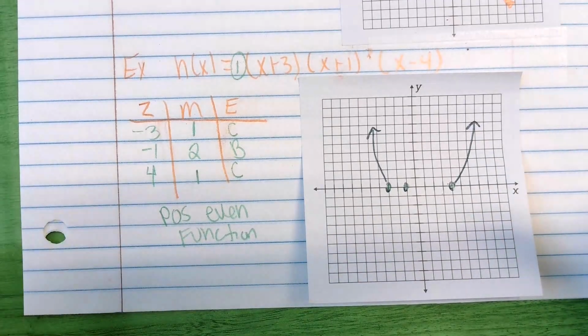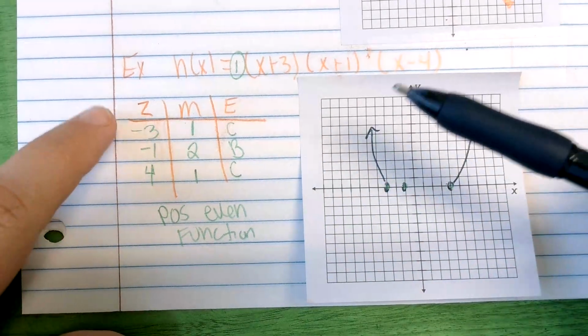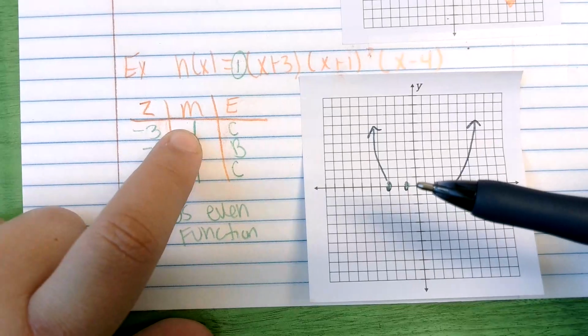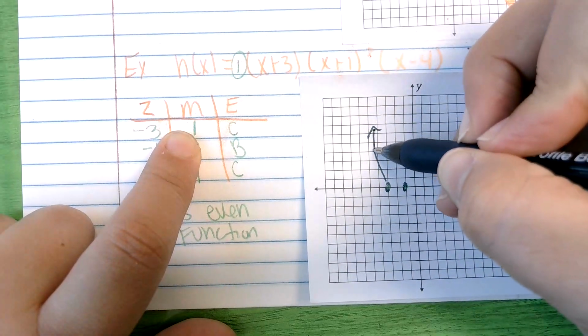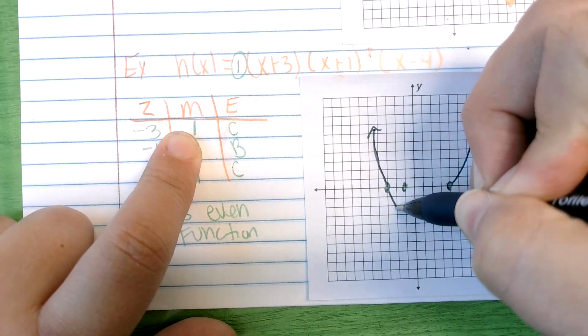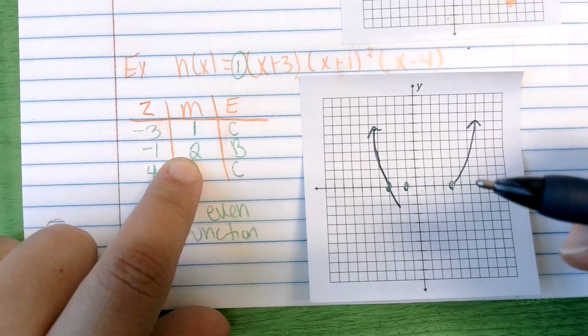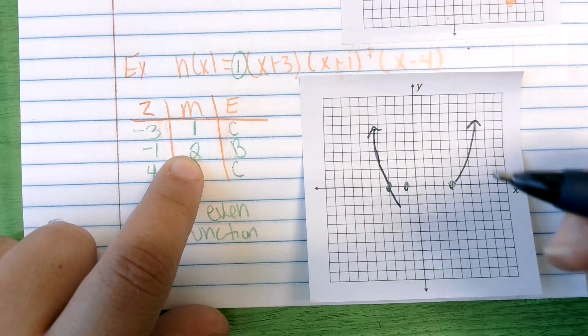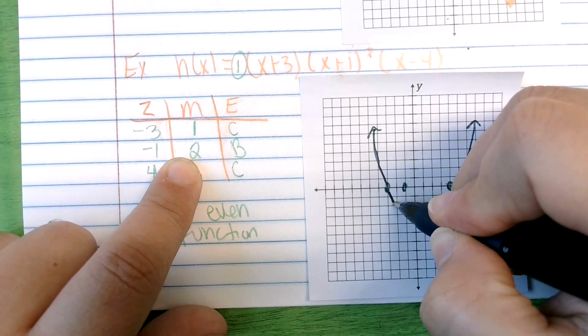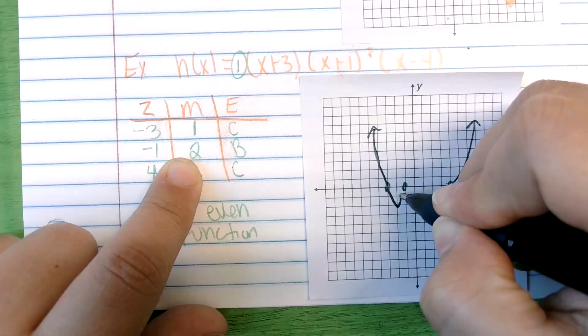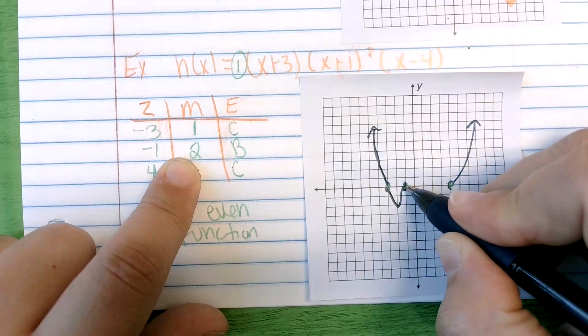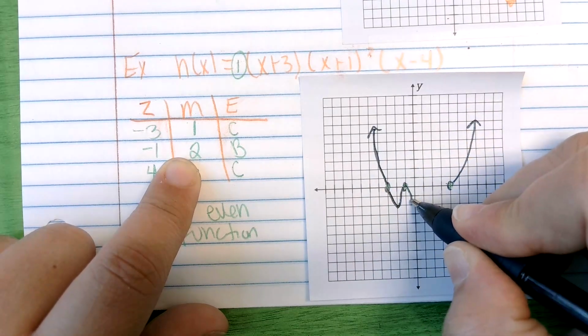Now, let's figure out what's happening with the rest of the graph. At -3, we're going to cross through the x-axis. So we're going to go through the x-axis. And then at -1, we're going to bounce off of -1. So I do need to spin around, bring it back, and bounce off of this one and go back down.